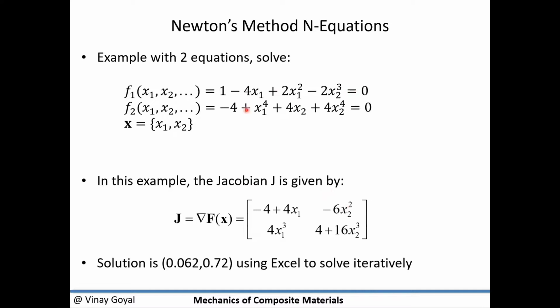And then for the second equation, I have the derivative of f2 with respect to x1, and then the derivative of f2 with respect to x2. Feel free to pause the video to make sure you're able to get this. Now I'm going to go to Excel and show you that, in fact, I'm able to find this as a solution. So pause the video and think about how that can be put together.